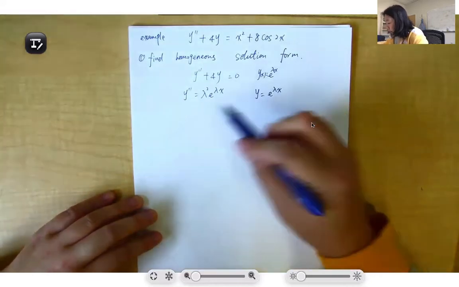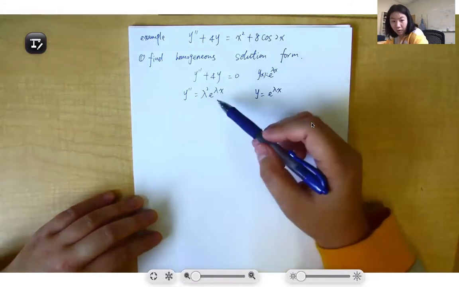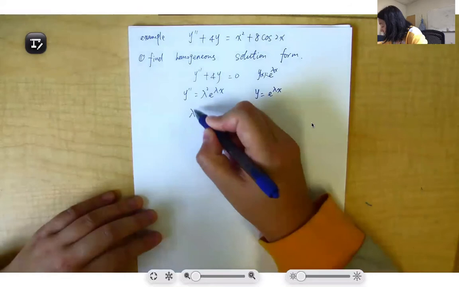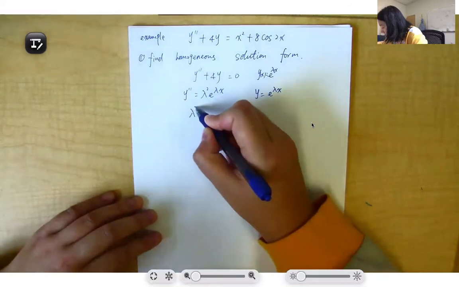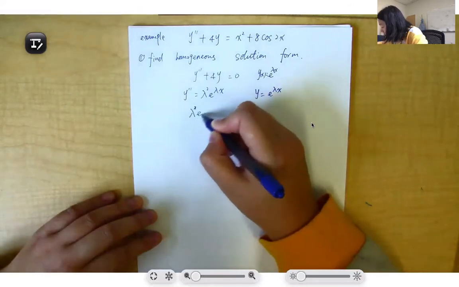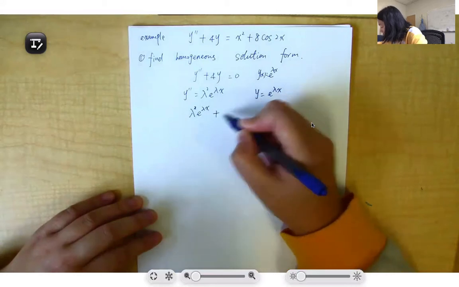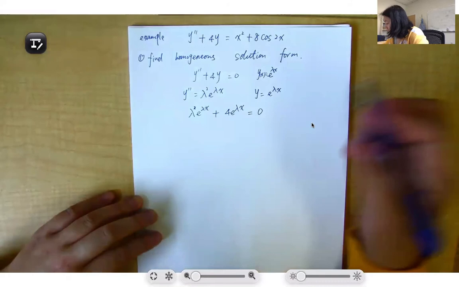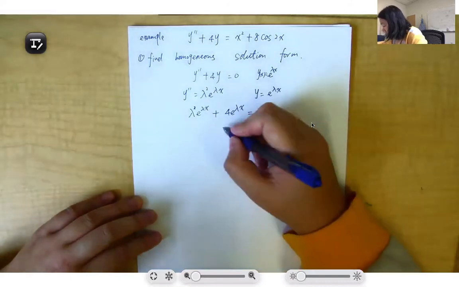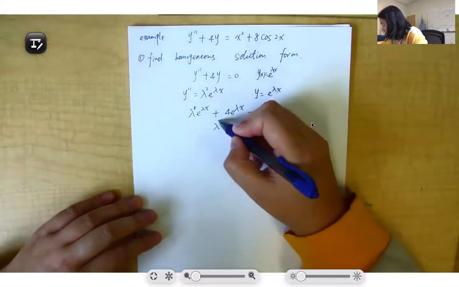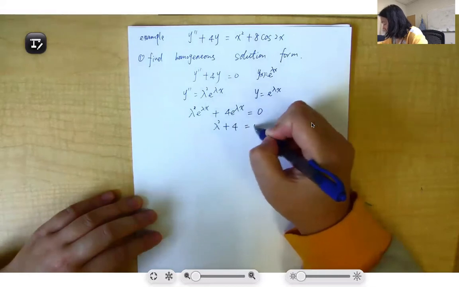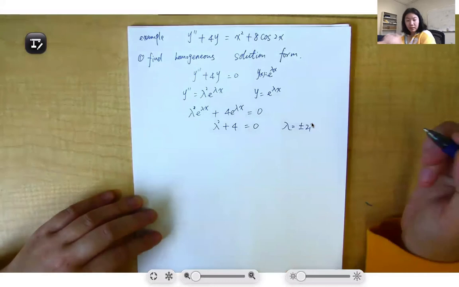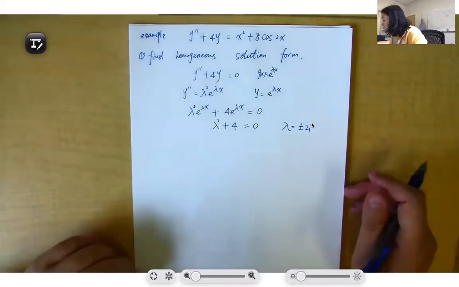Put y and y double prime into the original equation, which is lambda squared e to the lambda x plus 4 e to the lambda x equals 0. Then the characteristic polynomial is lambda squared plus 4 equals 0. So your lambda will be equal to plus minus 2i. This is an imaginary number there, right?